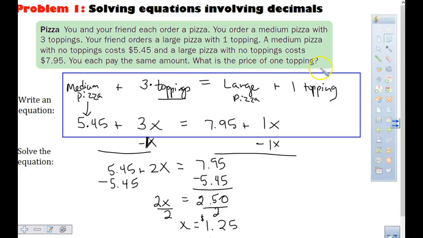So it says, what's the price of 1 topping? $1.25 for 1 topping. So I want to make sure and answer the story part of the problem, okay?